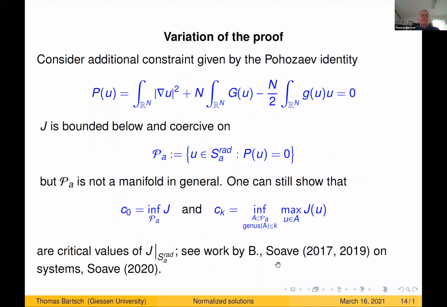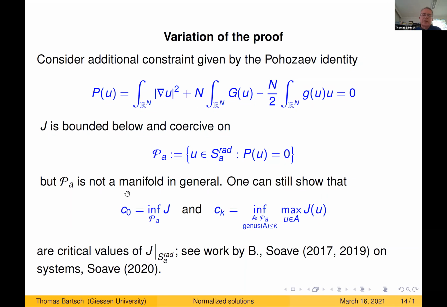Okay, but maybe just a short variation of the proof: you can take this Pohozaev identity also as an additional constraint. So that means you look in the L2 sphere and you include the Pohozaev identity as an additional constraint, P of u is equal to 0. So you have a codimension 1 submanifold of the L2 sphere, but submanifold has to be taken with a grain of salt.